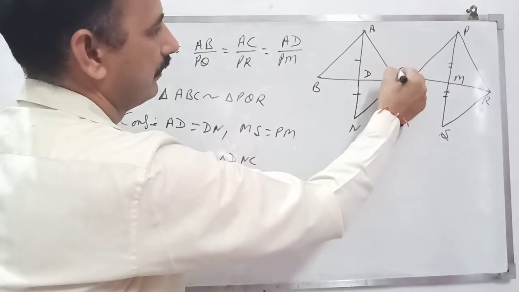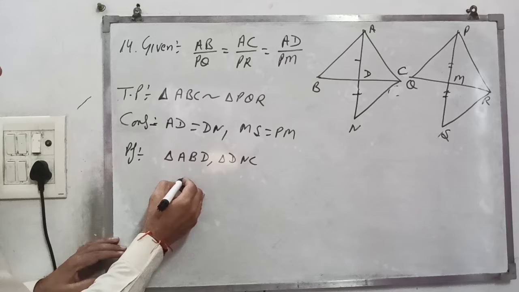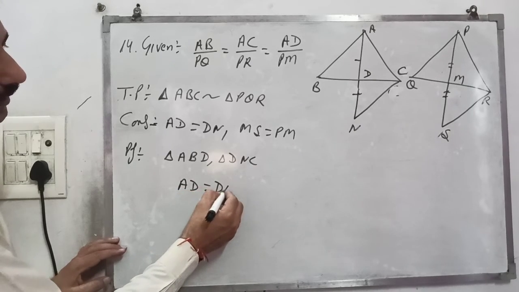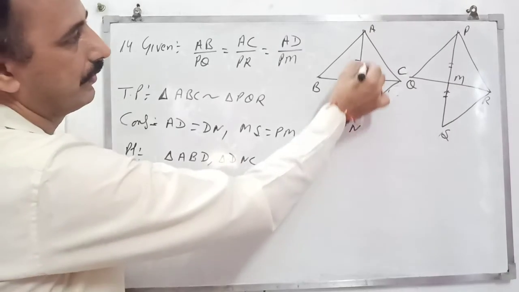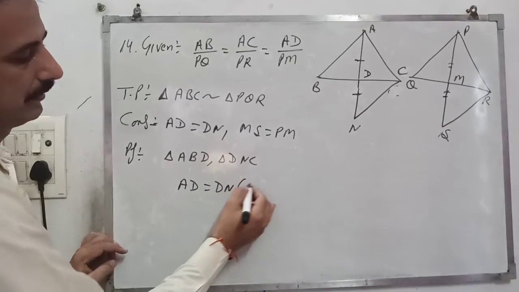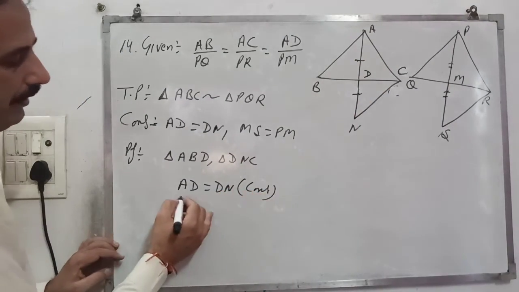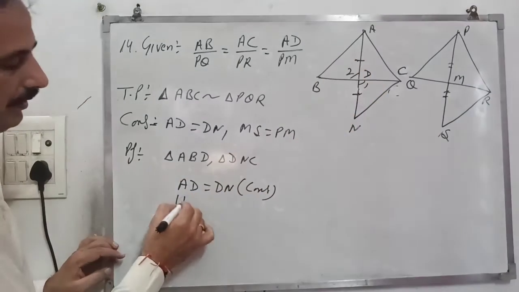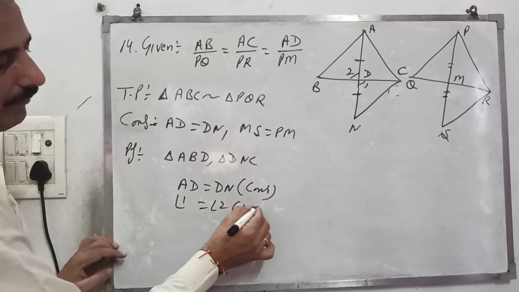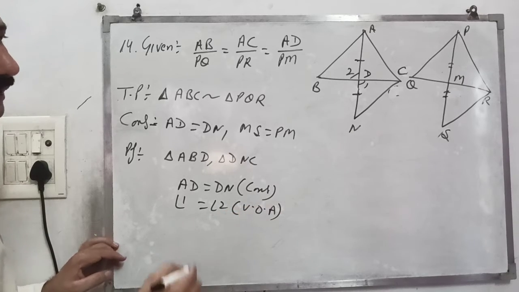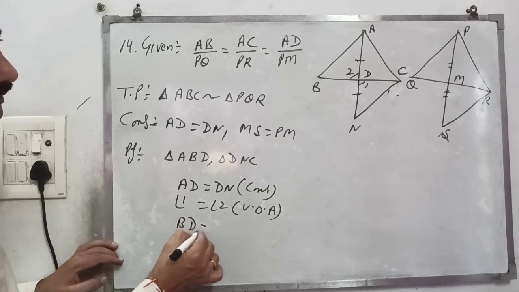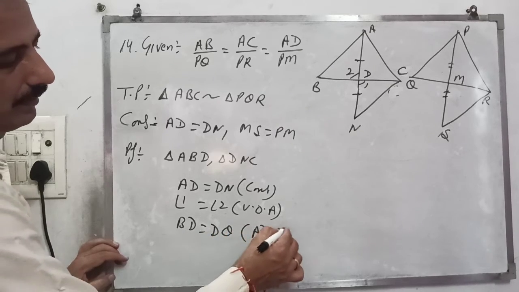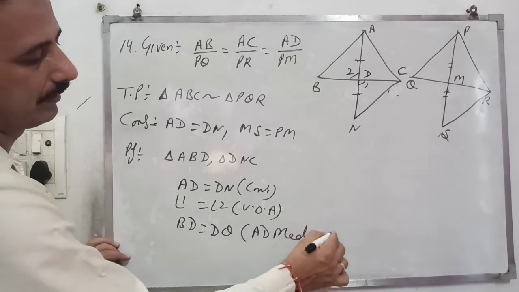So we find that AD equals DN because that is construction, and angle 1 equals angle 2, they are vertically opposite angles, right? And BD equals DC because AD is the median.